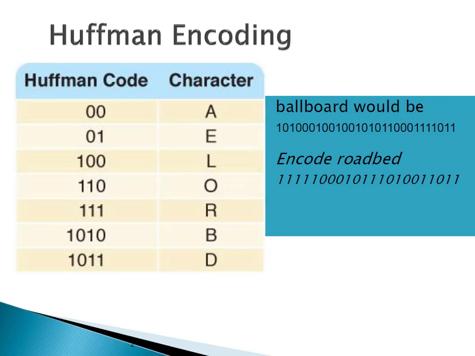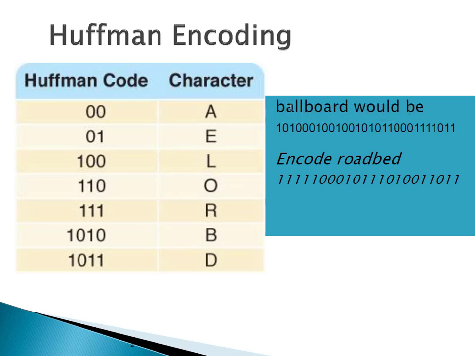So have a look at the Huffman encoding in the blue box on the right hand side of the screen. We have the word ball board, and we can encode it using this Huffman encoding. Using this table, we first have to encode our B. The B is coded as 1010.